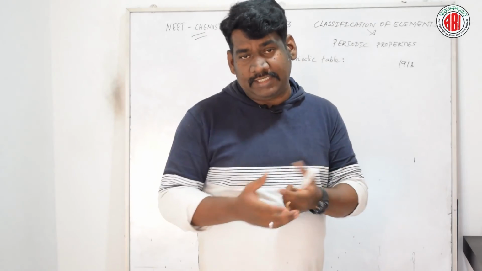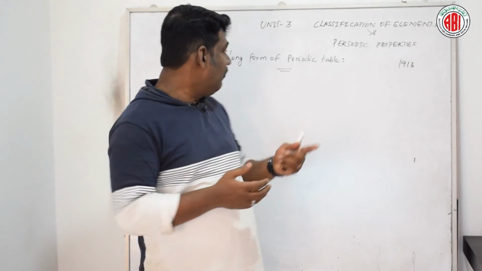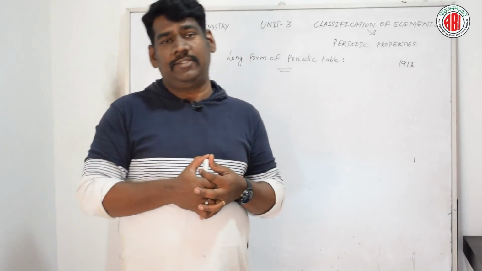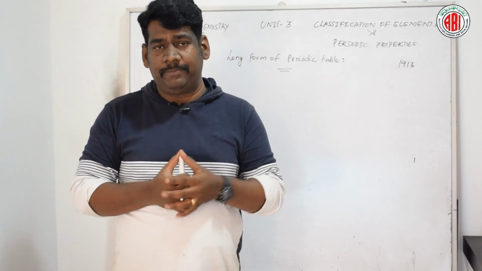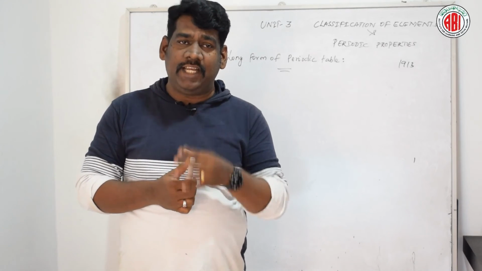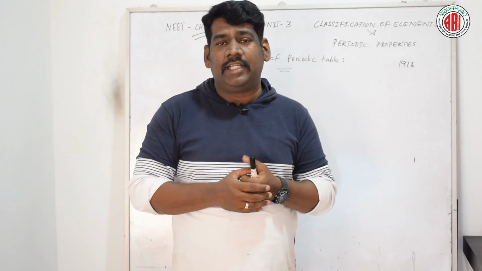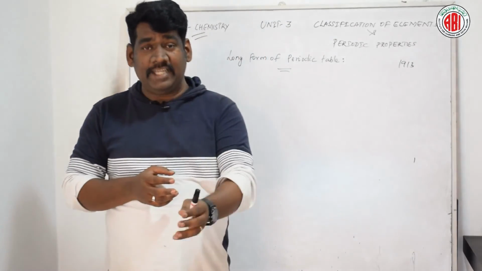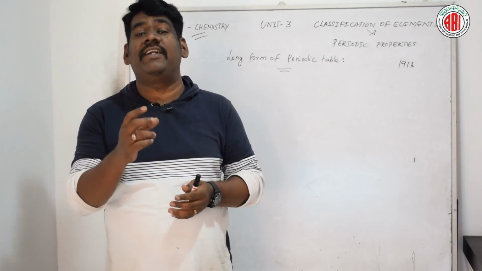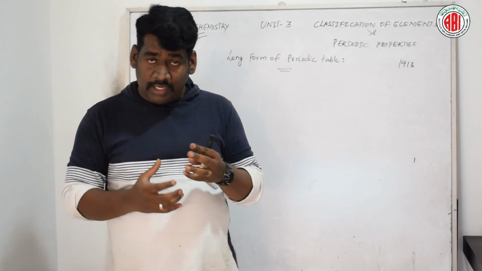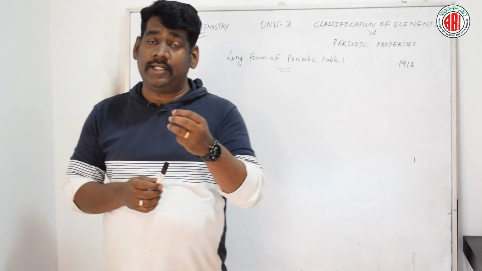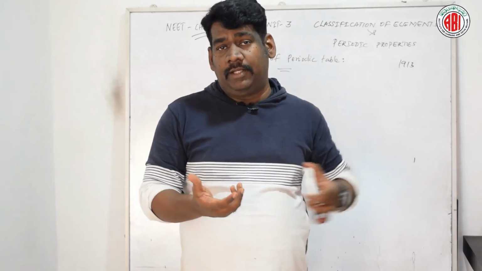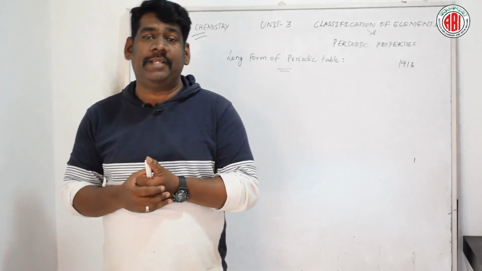Now let us see the long form of periodic table in detail. According to this modern periodic law, the physical and chemical properties of the elements depend on atomic number, and this dependency shows periodicity. This is the periodicity that was not well defined by Mendeleev in his periodic table.